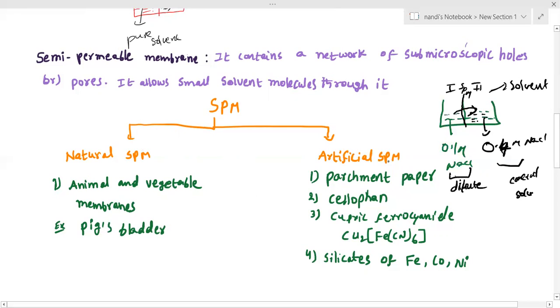With respect to artificial semi-permeable membranes: parchment paper, which is a type of filter paper, cellophane, cupric ferrocyanide, Cu2[Fe(CN)6], and silicates of iron, cobalt, nickel, like this. These are semi-permeable membranes. So you may get direct questions: which of the following can act as a semi-permeable membrane? They will give these chemicals directly.